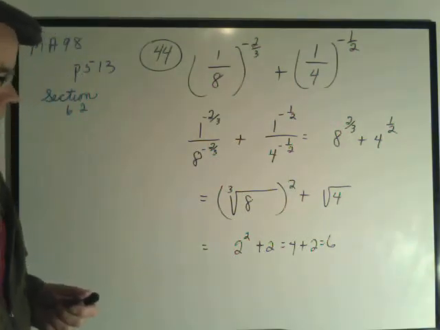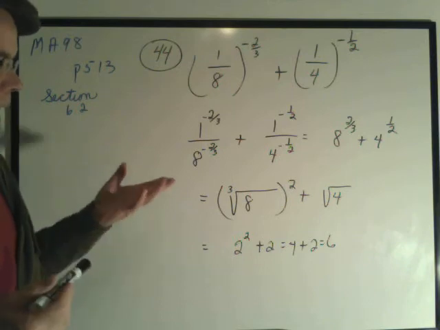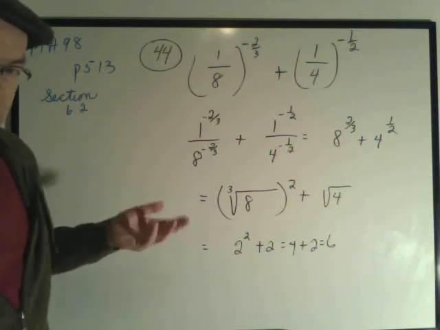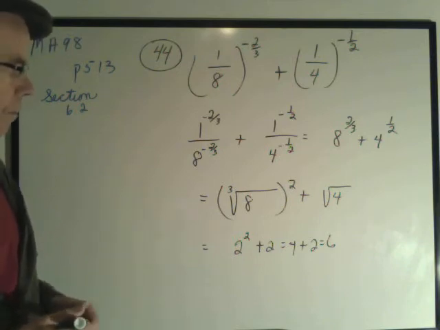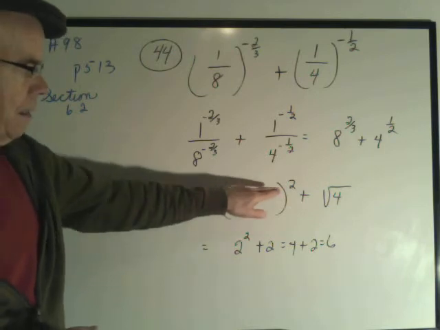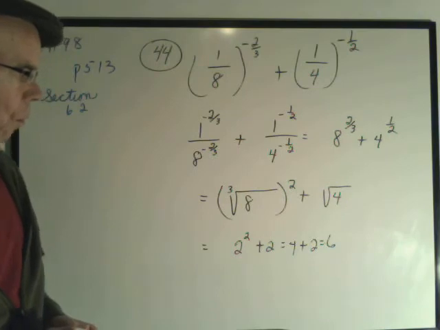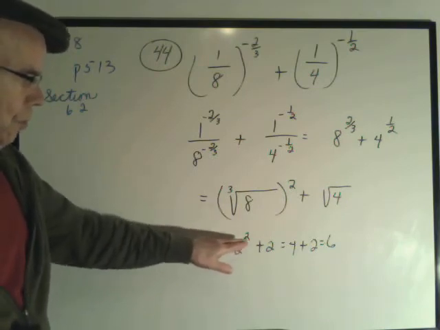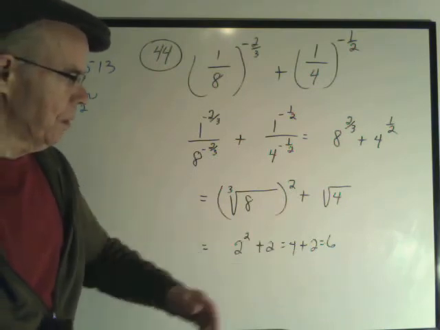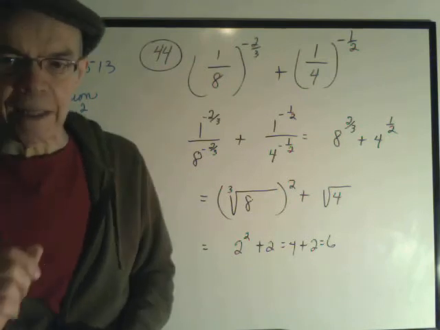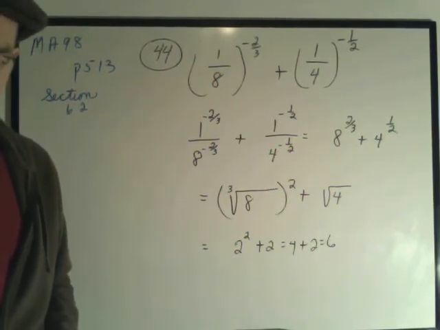It's not important because what it says to you is you're going to divide 8 to the 2/3 by 1, which is 8 to the 2/3. So we wouldn't write it. So you want the cube root of 8, you want to square it, and you want the square root of 4. Cube root of 8 is 2, square it plus 2 gives you 6. If you got that one right, you're doing very well.